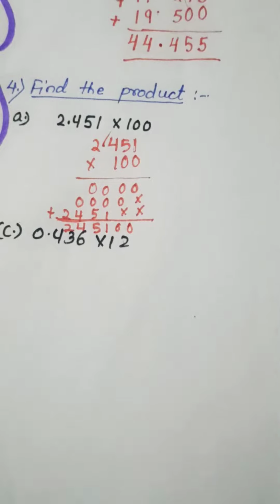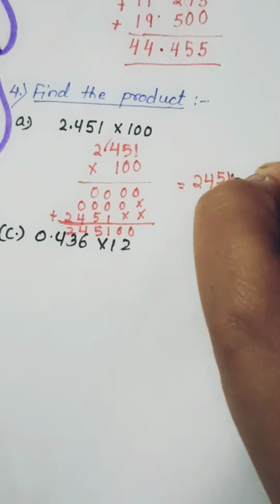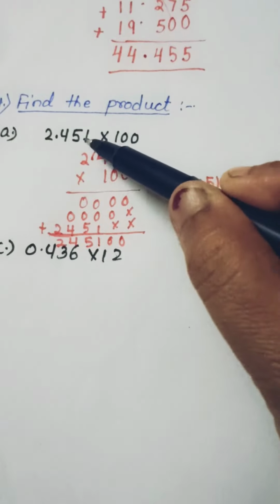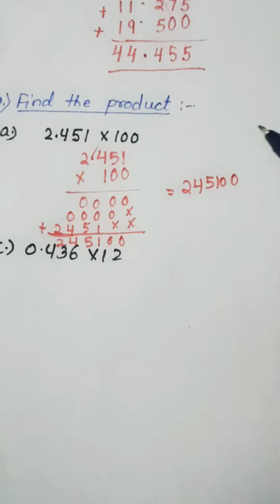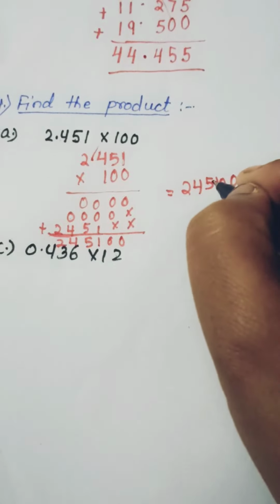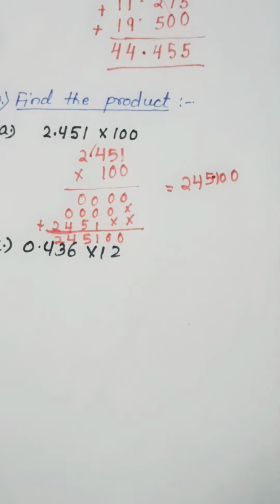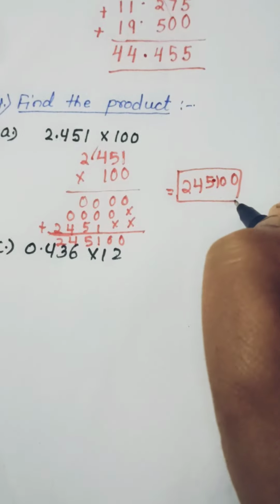One more step we need to do. Write down the digits over here, 2 4 5 1 0. Now count in the question, after how many digits we had decimal? 3. So in our answer also 1 2 3. After 3 digits we will place decimal. Okay, so this is our final answer.